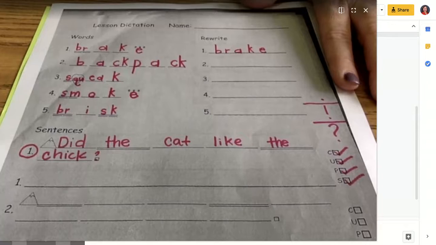All right. Let's do one more sentence. The second sentence is, the cake on the stove went up in smoke. So that's not good. The cake on the stove went up in smoke.